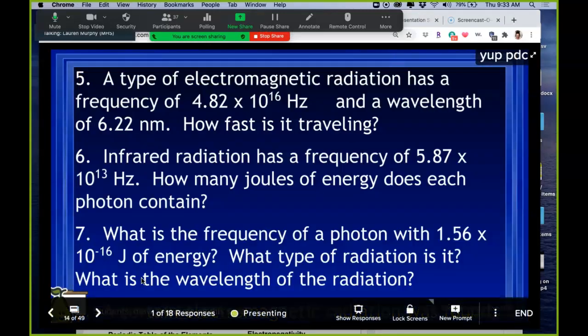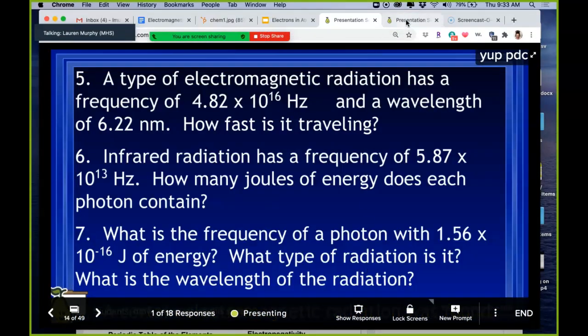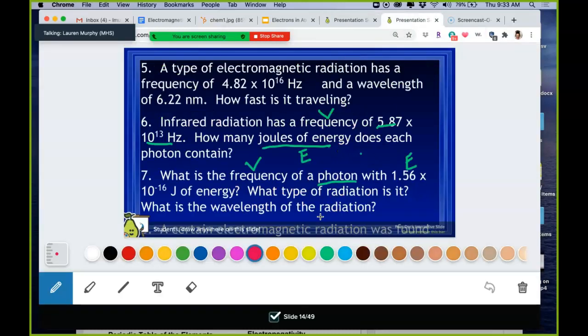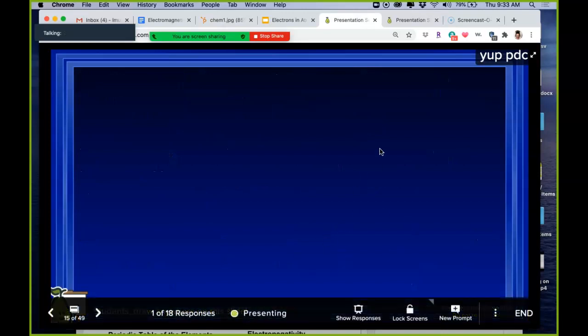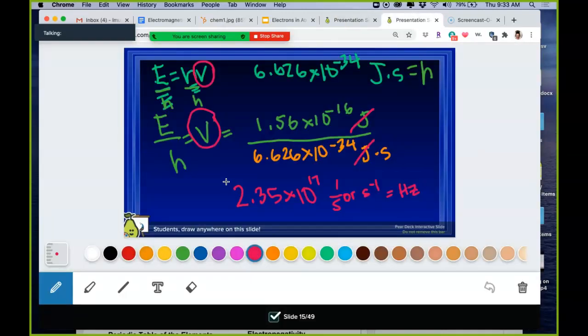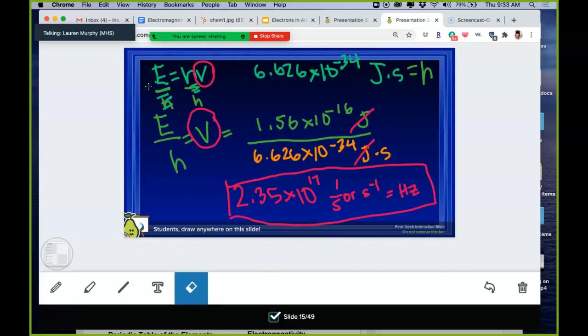Now it says, what is the wavelength of the radiation? Well, now that we have frequency, we can solve for wavelength because we have an equation that has frequency and wavelength in it.